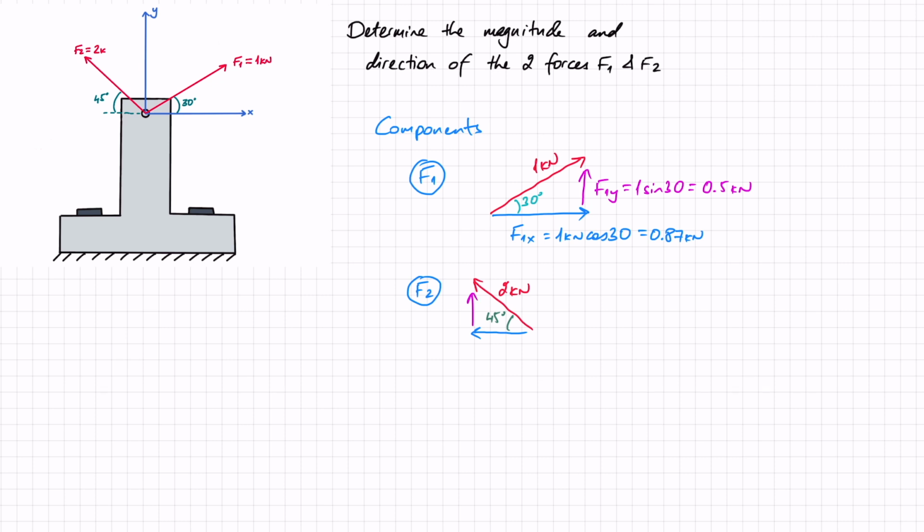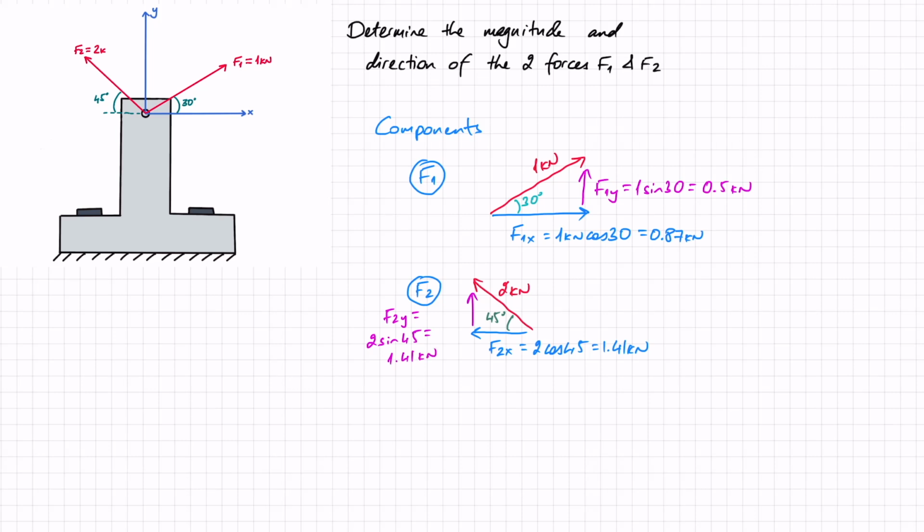So breaking these down, F2x equals 2 cos 45, and that is 1.41 kilonewtons. And in the y direction, I've got F2y, which is 2 sine 45, but as you know, sine 45 and cos 45 are the same, so I still get 1.41 kilonewtons in this direction.